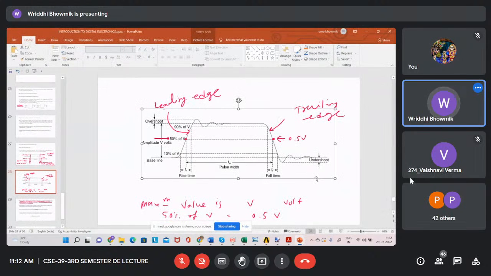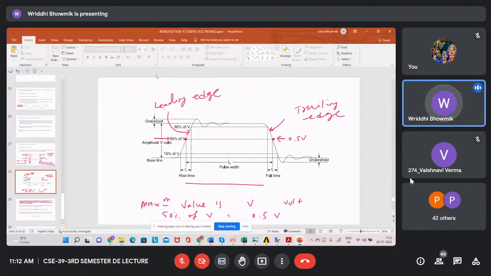Okay, so now the time duration between the 50% point on the leading edge and the 50% point on the trailing edge is the pulse width, which is denoted by TW.